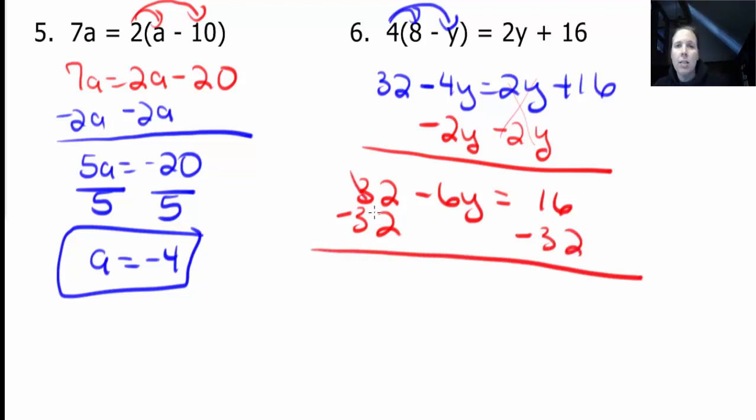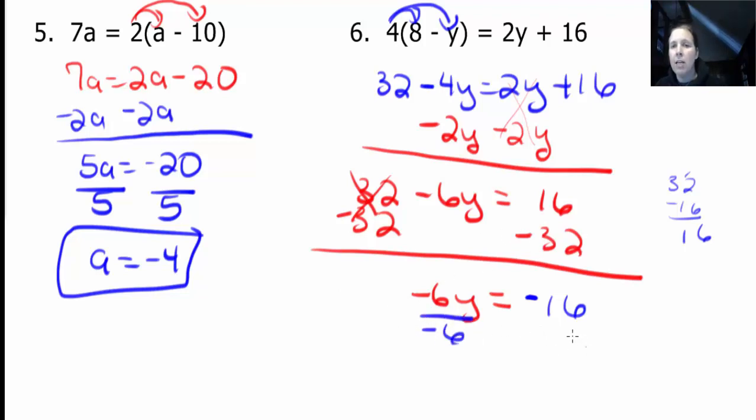So these cancel. We have negative 6y equals, and remember, your answer is going to be negative. You need to do 32 minus 16, which is what? 16. Duh. But it's going to be negative because the 32 is bigger.